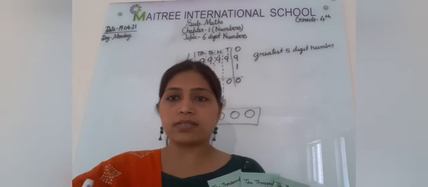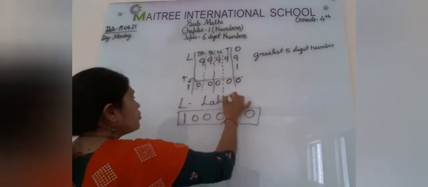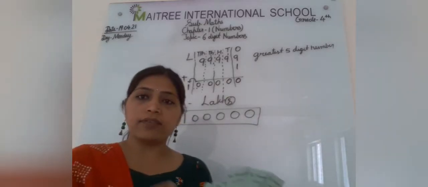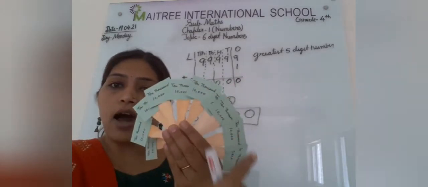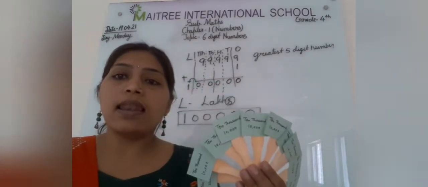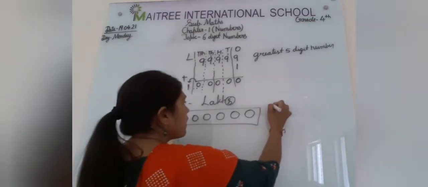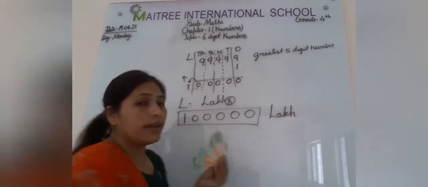It's not lakhs. We will not use S here. I will tell you where we have to use S and where we will not. So this is 10 times 10,000 makes 1 lakh. L-A-K-H. What is the spelling of lakh? L-A-K-H. Lakh.